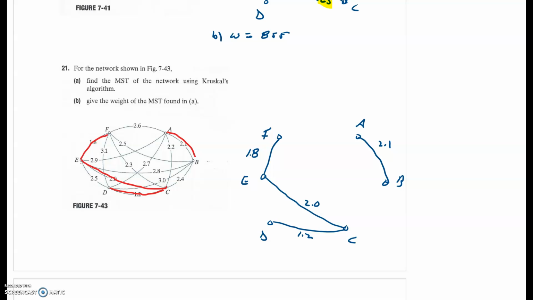And then, let's see, 2.2 would give me A to C. A to C is 2.2.